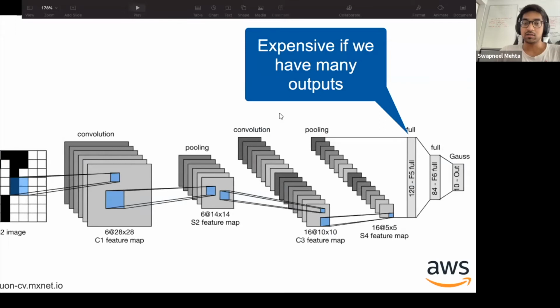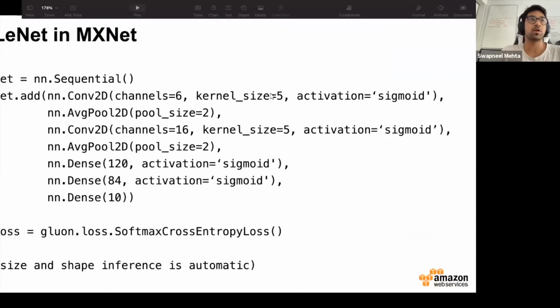And in general, for such networks, the real cost comes from these densely connected layers, and that is because there are just a lot more parameters to optimize compared to the convolutional layers. And that's about all I wanted to say about LeNet.